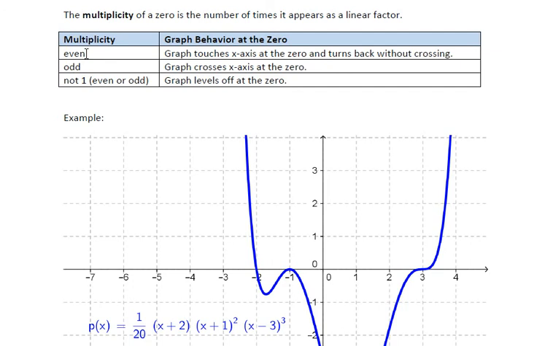If the multiplicity is even, then the graph touches the x-axis at the 0 and turns back without crossing. If it's odd, the graph crosses the x-axis at the 0. And if the multiplicity is not equal to 1, regardless if it's even or odd, the graph will level off at the 0.